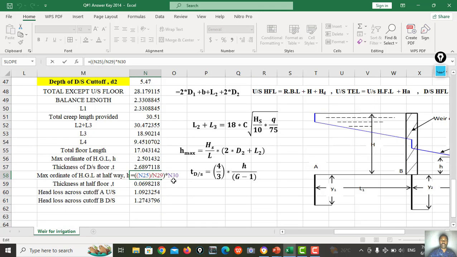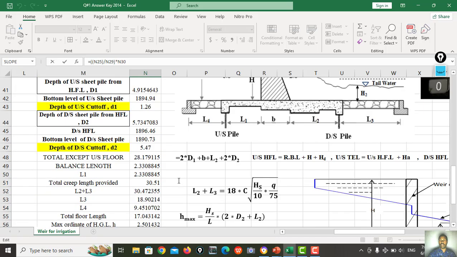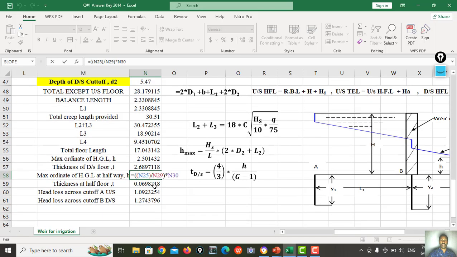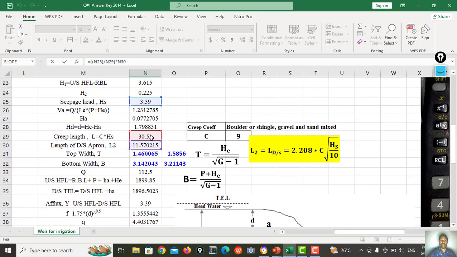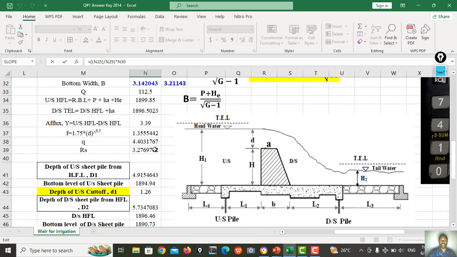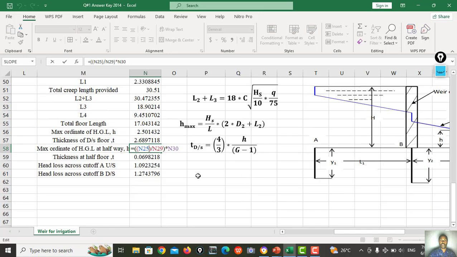So you have only L2, times this one. If you divide CPH divided by L times this one times L2, then you can find at half, you can make half, then you get the thickness.